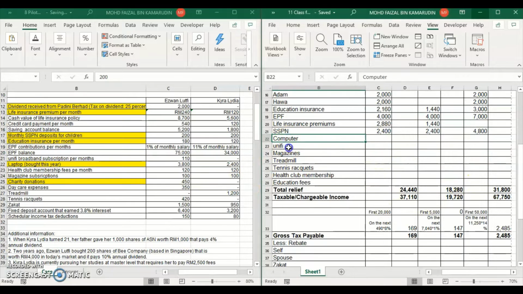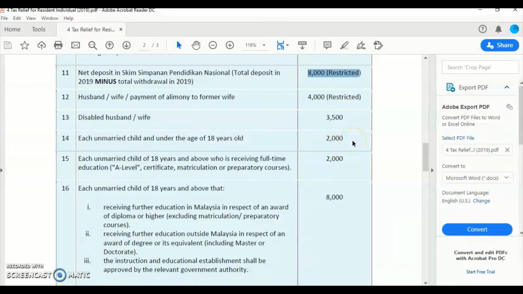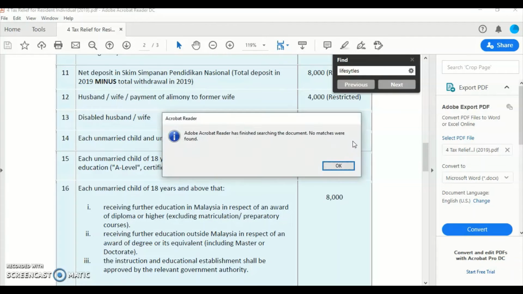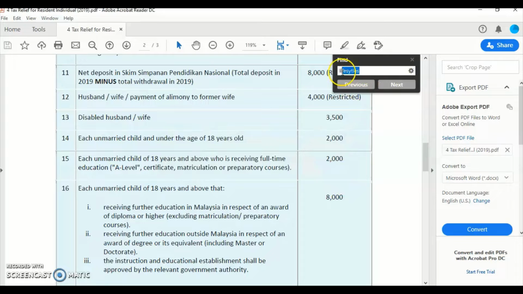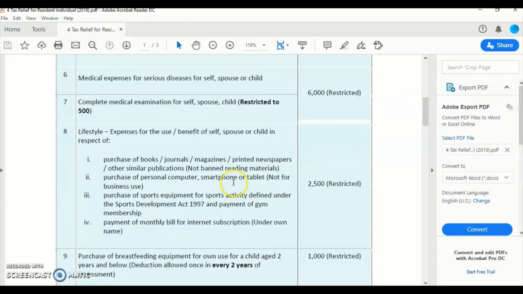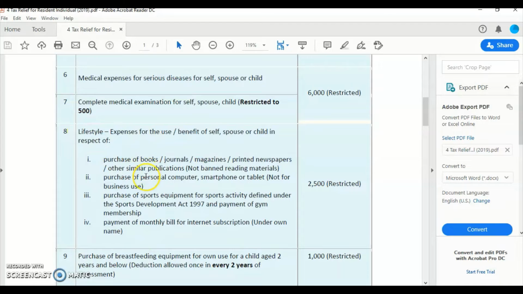For computer and magazine, this is among the reforms that we have seen in the taxation in Malaysia, because prior to this, we had a separate amount for each of these. But now everything is lumped all together into this one: lifestyle expenses, which cover purchase of books, personal computer, sport equipment, even gym membership, and subscription for the internet or broadband, all together 2,500.